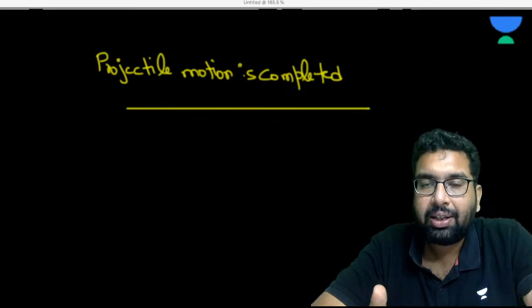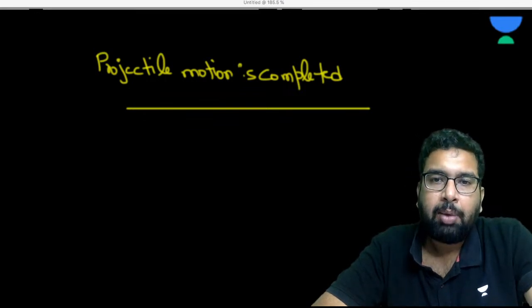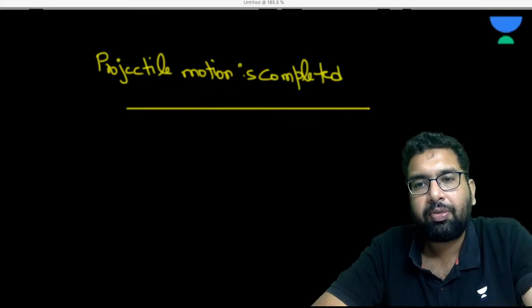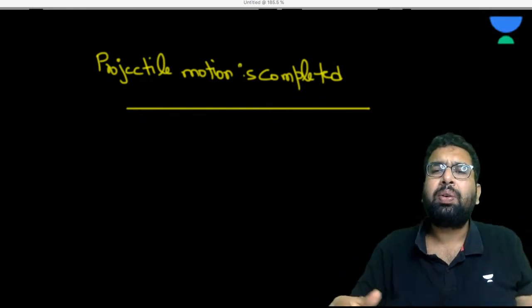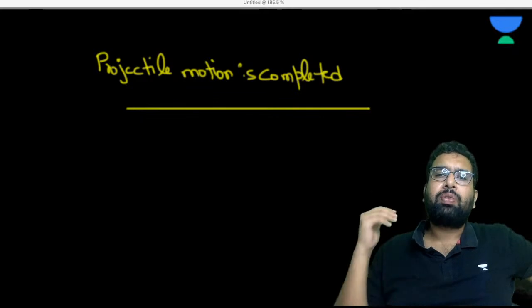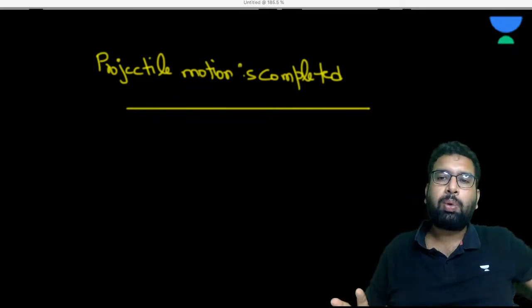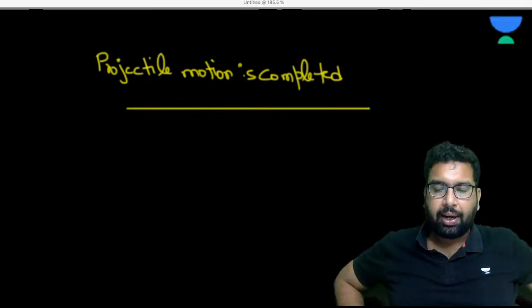So if you haven't seen the relative velocity in 1D, before you come to the 2D session, please do watch relative velocity in 1D. Then only you are going to understand that topic. We are going to do the famous rain man problem, river boat swimmer problem, and aeroplane wind problem.